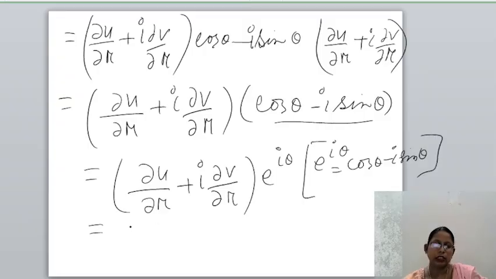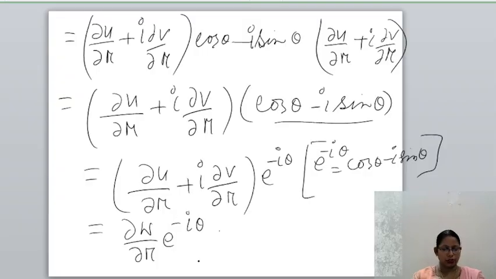And this is my del w by del r, and this is e to the power minus i theta, which is the required partial differentiation, that is the derivative of a function of complex variable in polar form. With that, I would like to conclude. Remaining will be in the next lecture.